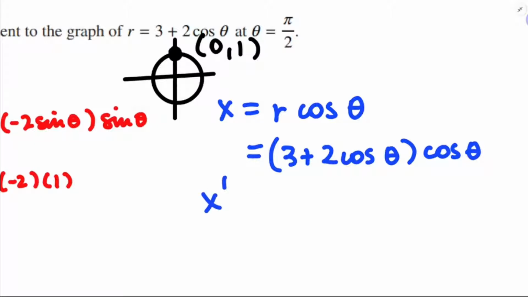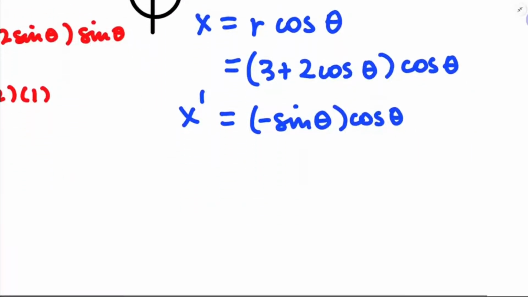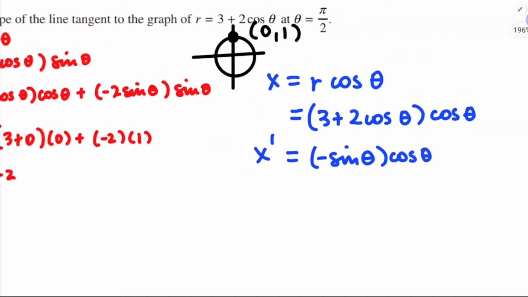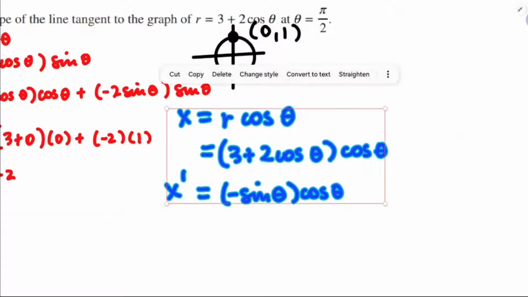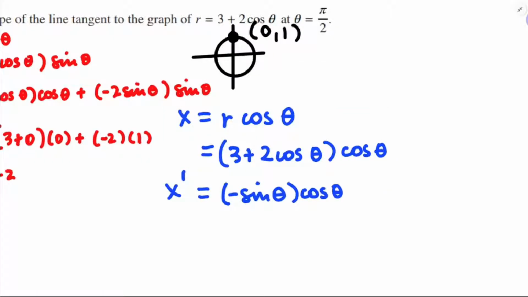Dx d theta, or x prime, is going to be, maybe I'll take the derivative of the thing in parentheses first, negative sine theta, leave that thing the same. Then I will, oh wow, didn't realize how little room I had over here. Maybe I'll just move it. Okay, and then I'm adding on, leaving the parentheses the same, taking the derivative of the other thing.